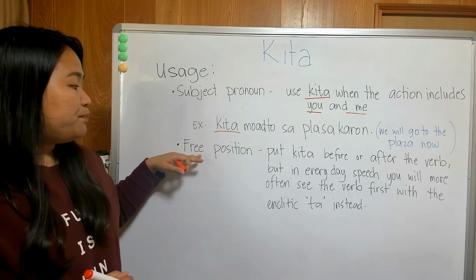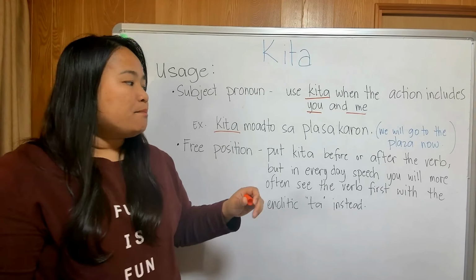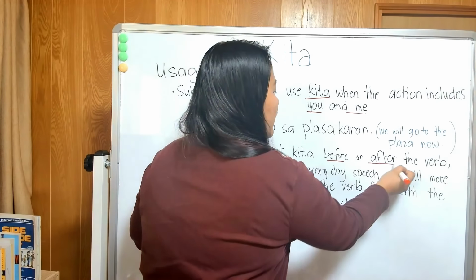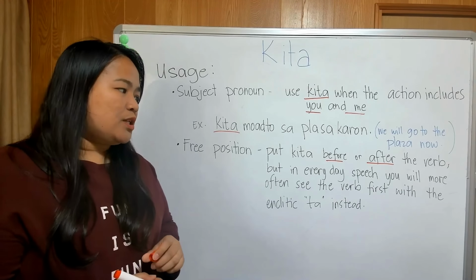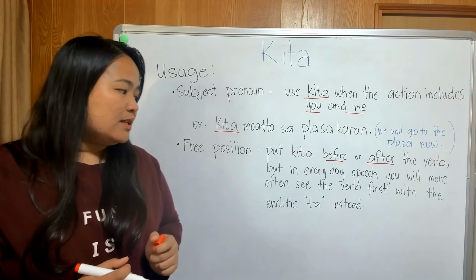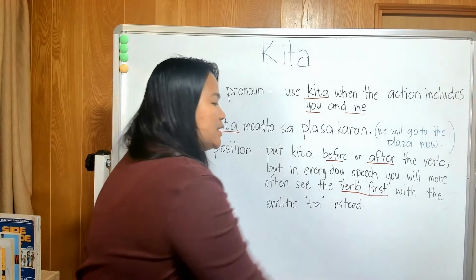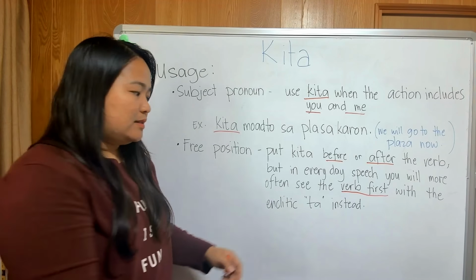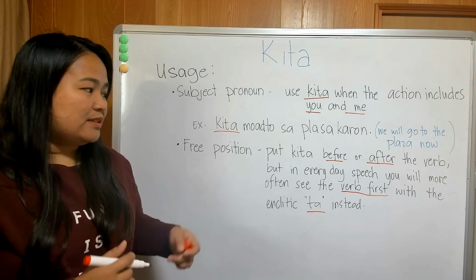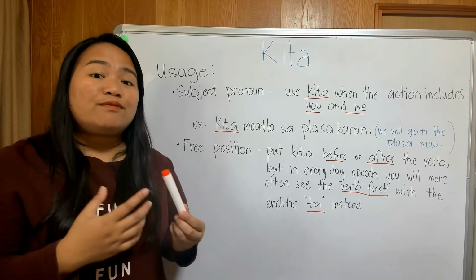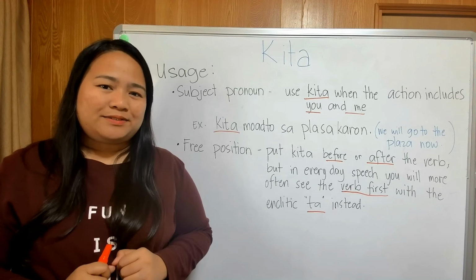And the free position: you can put kita before or after the verb. But in everyday speech, you will more often see the verb first, with the enclitic ta instead. So that's the everyday conversation: verb first and the enclitic.